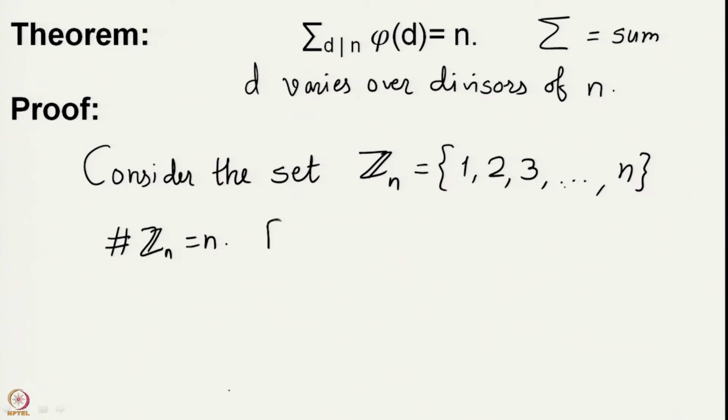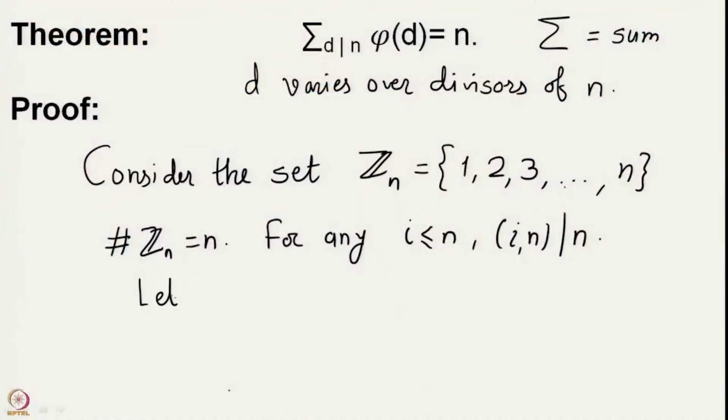So, for any i less than or equal to n, the GCD of i comma n has to be a factor of n. The GCD by very definition is that natural number which is greatest among the common divisors of i and n. So, in particular it has to be a divisor of n.